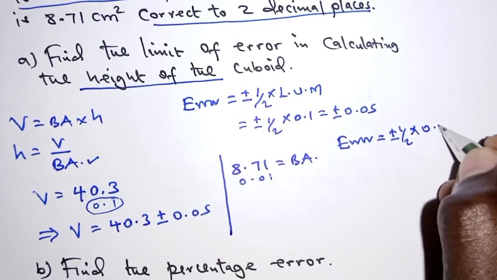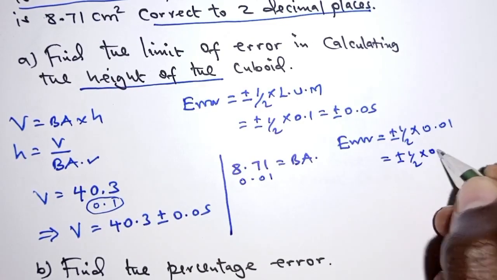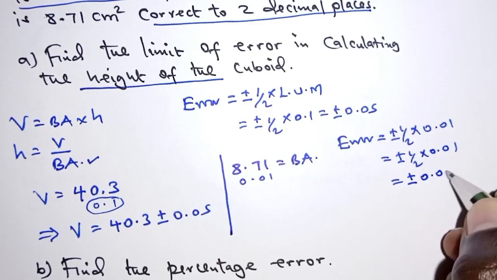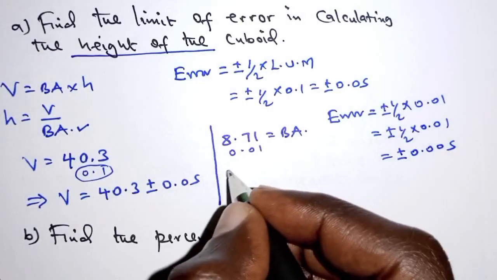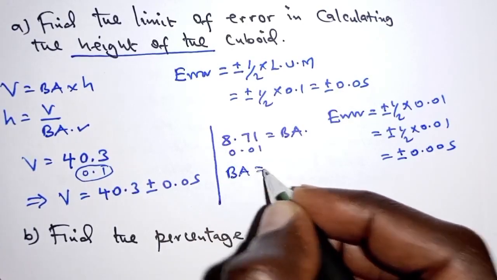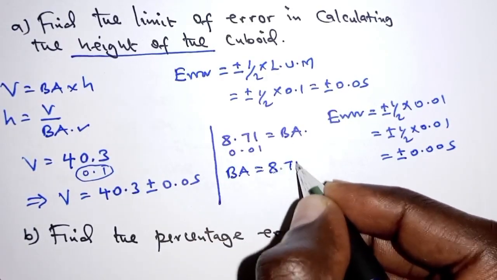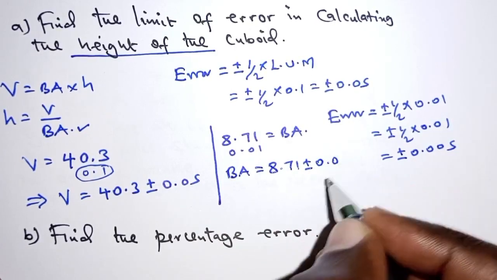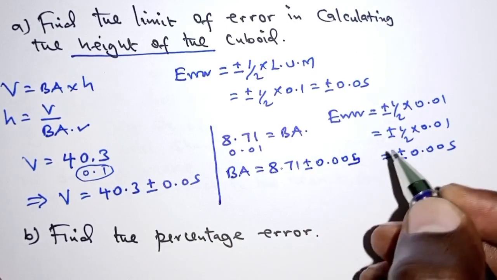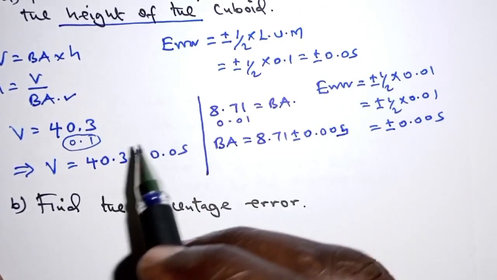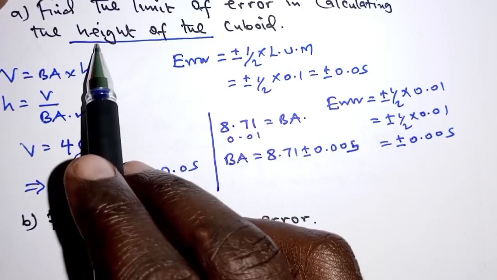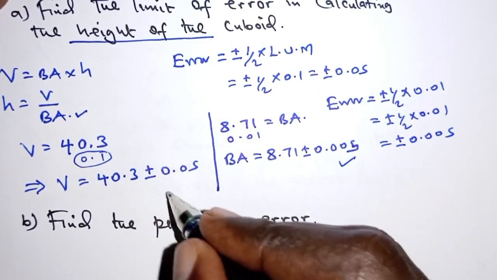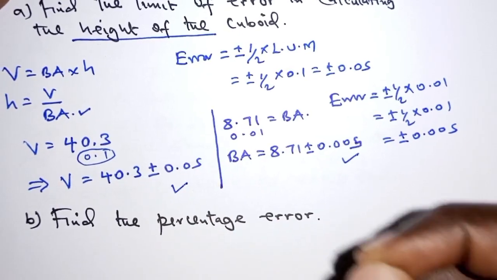So we multiply by 0.01, and that is plus or minus 0.005. The base area will be 8.71 plus or minus 0.005. So the limit of error in calculating the height of the cuboid will be for the base area and for the volume, just as shown.